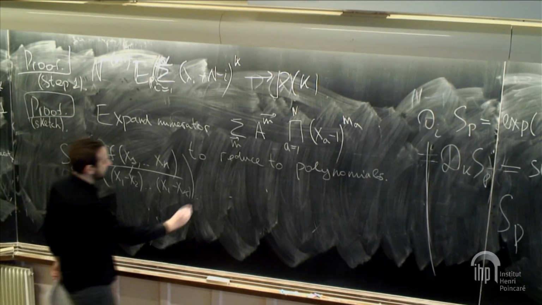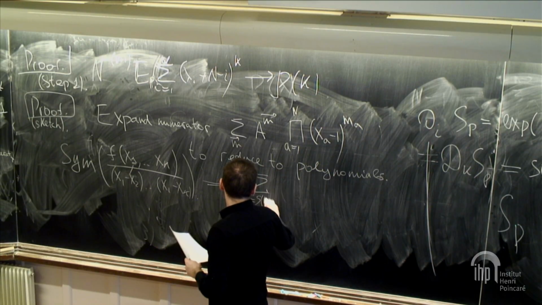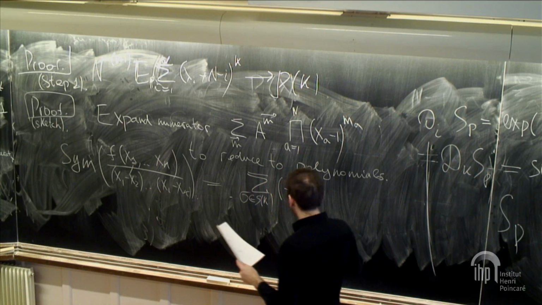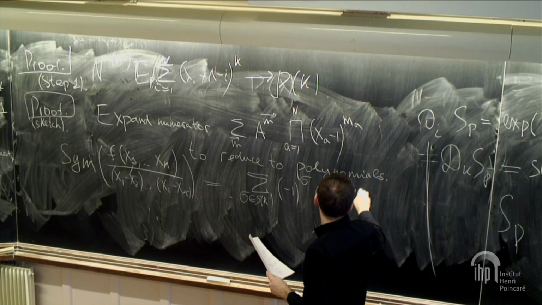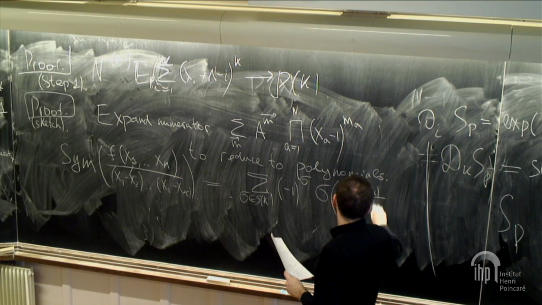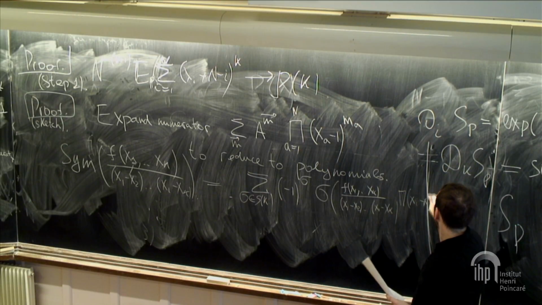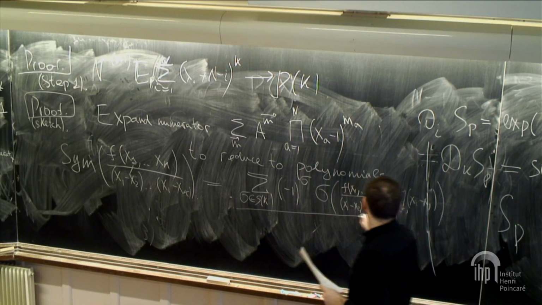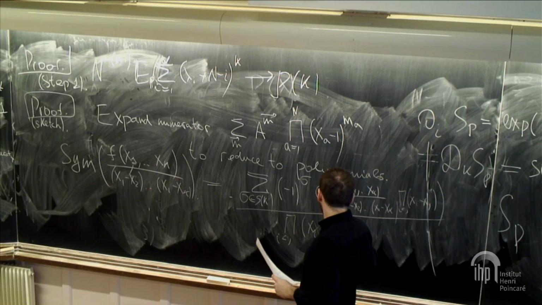Okay, let's just rewrite it in a bit different form. There is a sum over all permutations, minus 1 to the sign of this permutation, this permutation applied to f of x1, ..., xk divided by (x1 minus x2) ... (x1 minus xk), times the product of (x_i minus x_j), i smaller than j, and divided by the product of (x_i minus x_j).